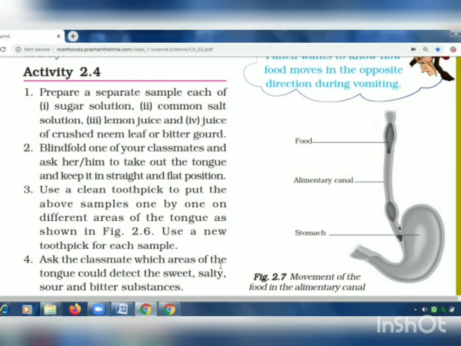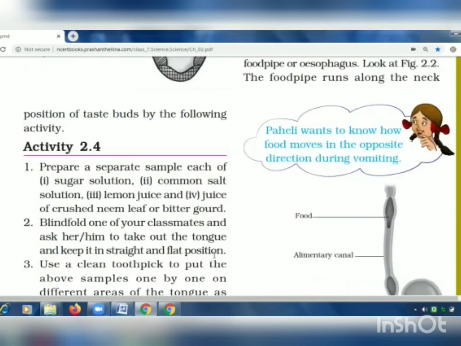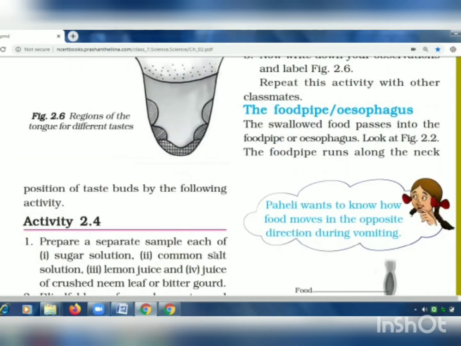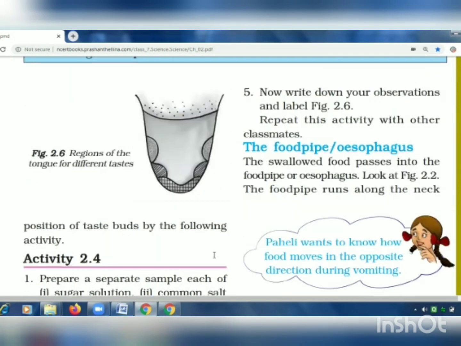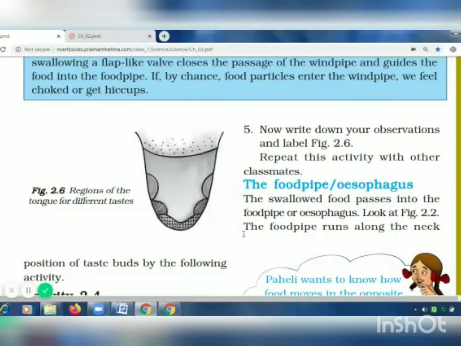When you put something bitter on the taste buds of your tongue, it will taste bitter. If you put something salty, it will taste salty. So everybody should do this experiment at home.